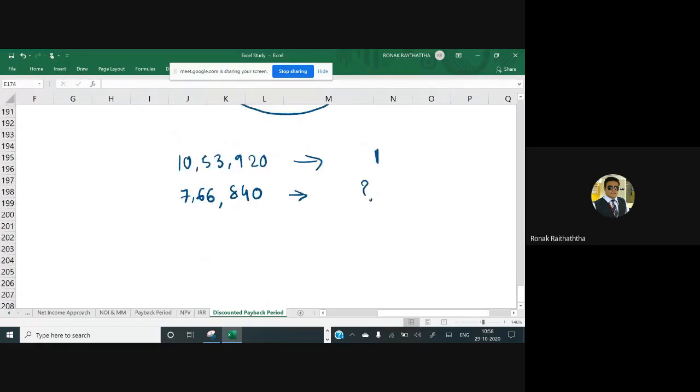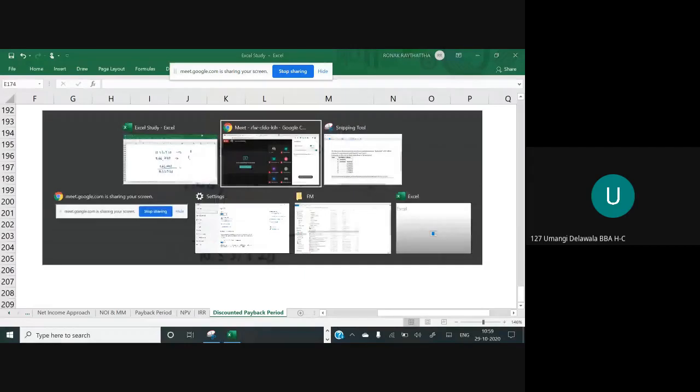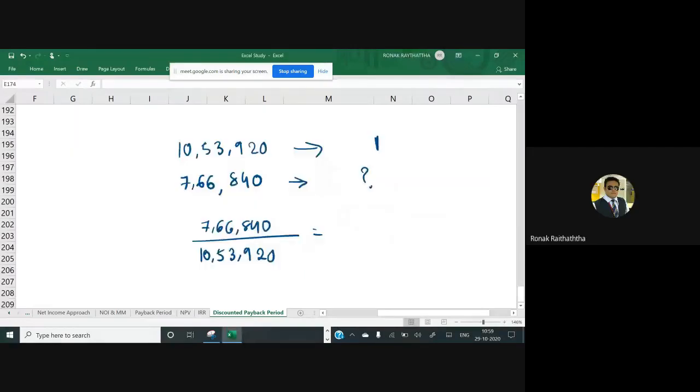So 766,840 divided by 1053,920. Can someone give me the answer here? What do we have in the answer? 0.7276.